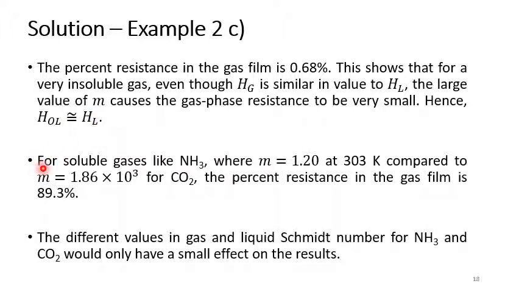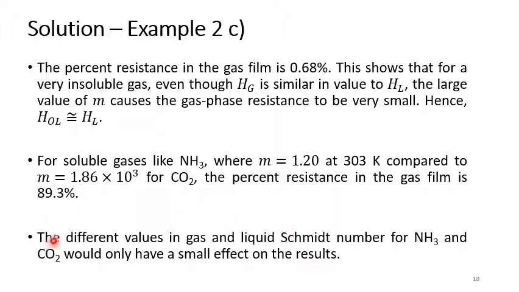And for soluble gases like ammonia, where m equals 1.2 at 303 Kelvin, compared to CO2, where m is 1.86 times 10 to the power of 3, the percent resistance in the gas film is 89.3%. So this is just to tell you how the solubility of the gases in the solvent affects the resistance in the gas or in the liquid film.